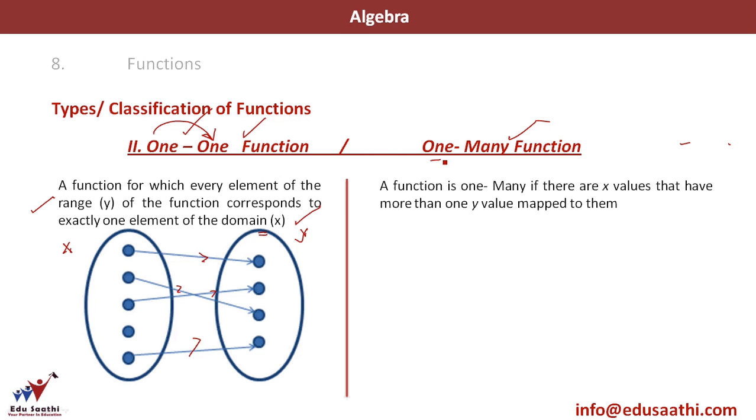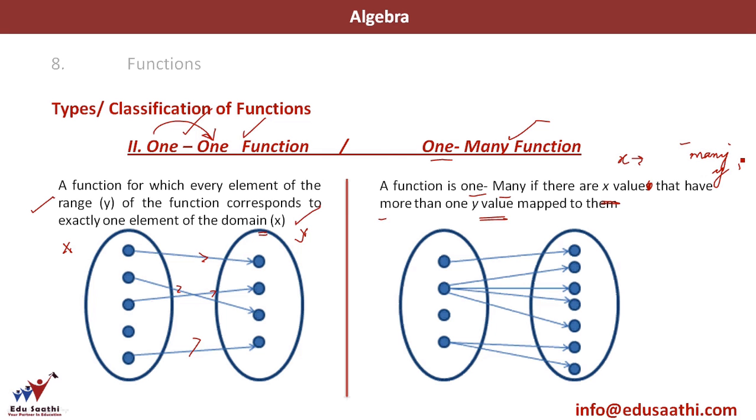One-to-many function. A function is one to many if there are x values that have more than one y value mapped to them. That means for a single input, for a single x value, there are many values of y.